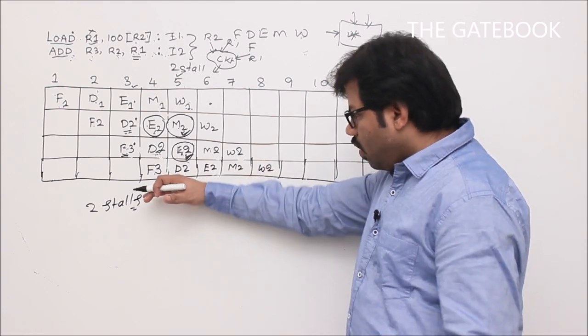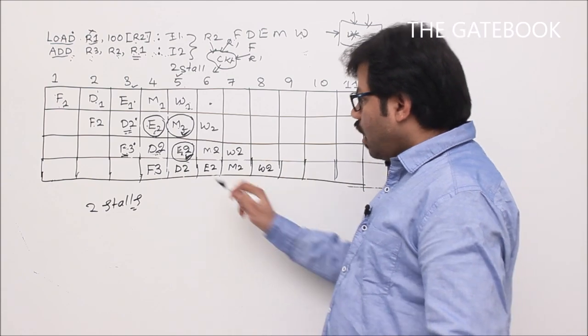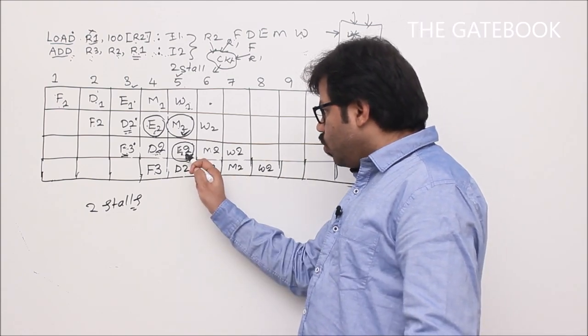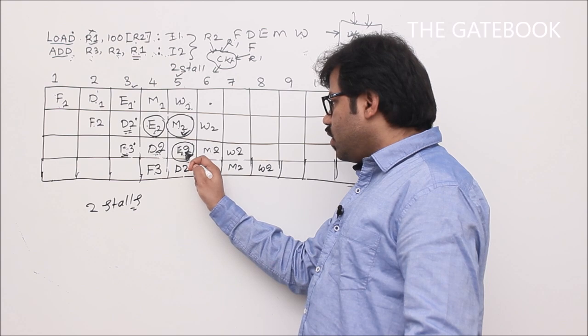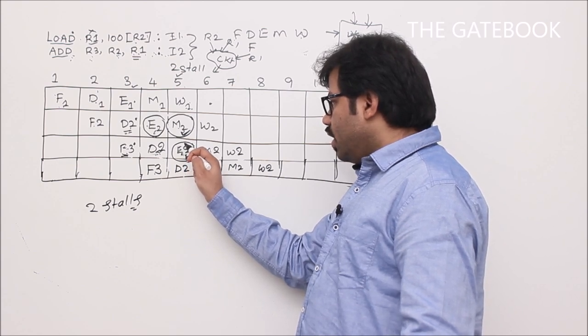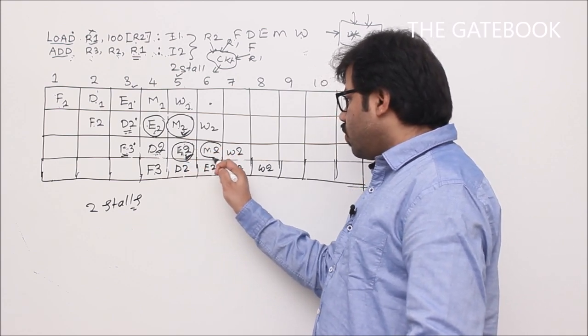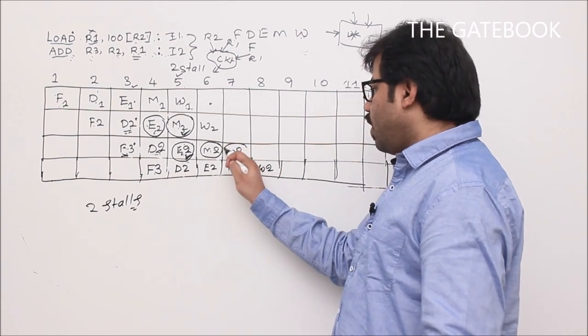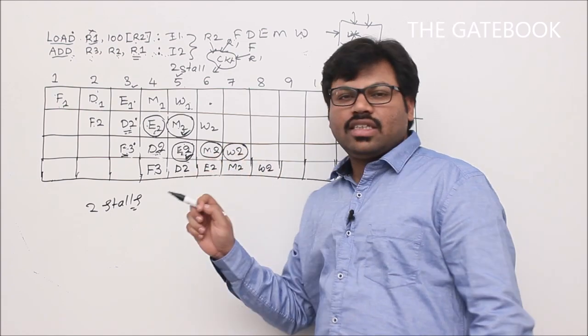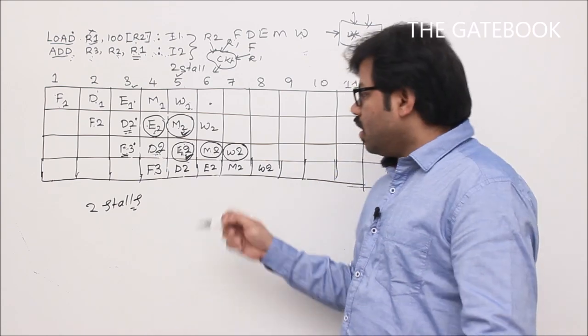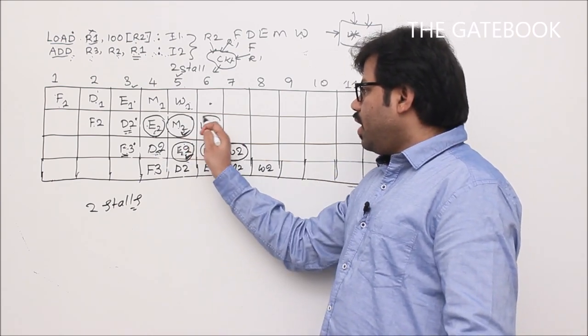Now let us focus. I am not writing the remaining things, but I would like to say one thing. Since this instruction 2 is doing dummy execution, here also it will be a dummy memory operation and dummy write back, because all the signals it is carrying are dummy signals. Similarly here, this will be dummy.